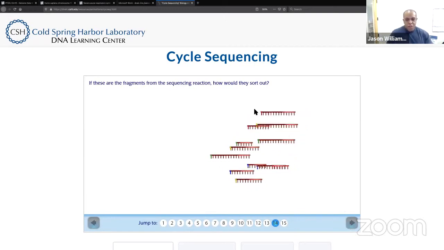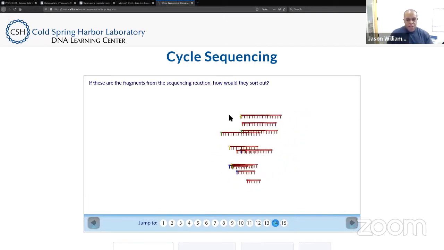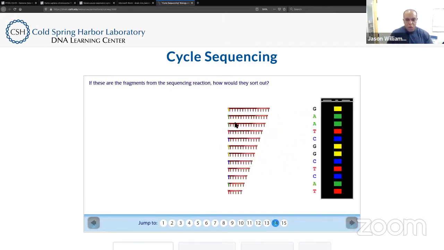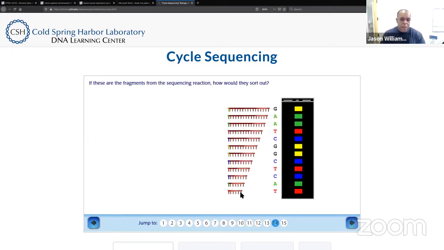But the long and short of it is that once you organize those millions of random strands by their size, then at any one given piece along the DNA strand, you're actually figuring out what the sequence was, what the base is at that particular position.